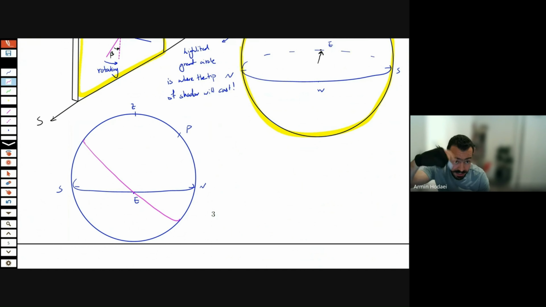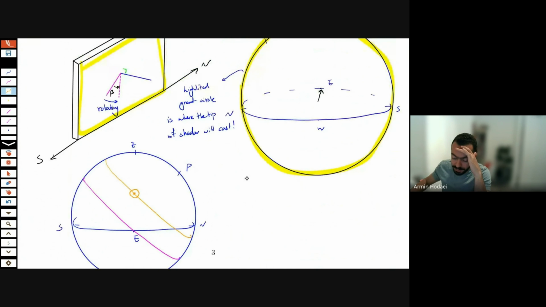The direction that the sun is moving, I'm going to show with orange. Let's say this is the sun, and that's the sun's path. Let's assume the sun is here at a random point.